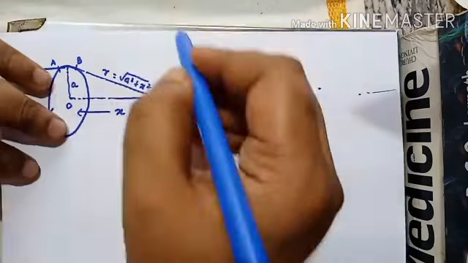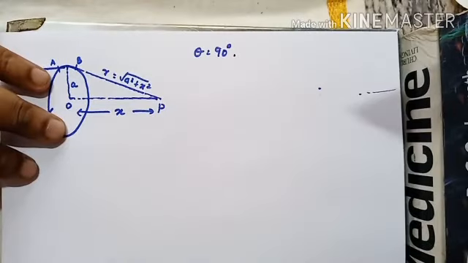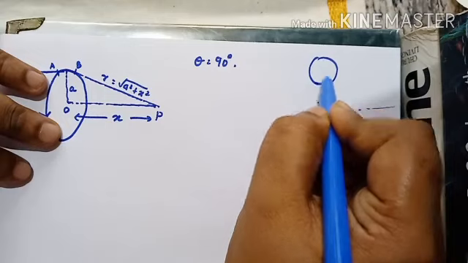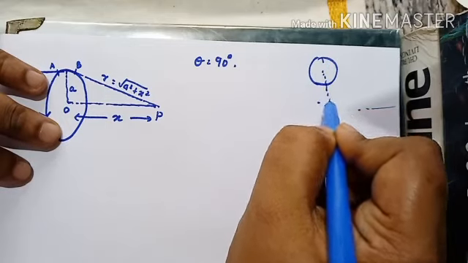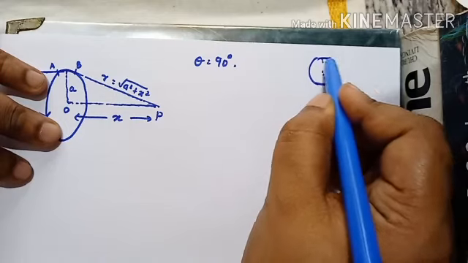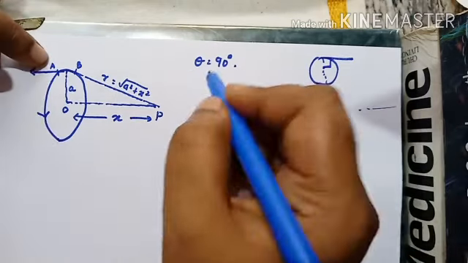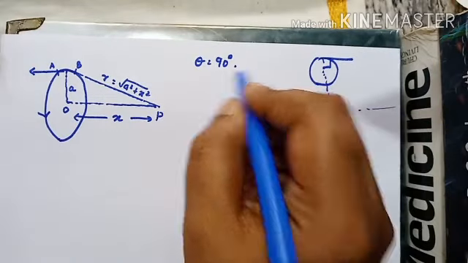So theta is equal to 90 degrees. See, if this is the front view, the point is from here, like this, whereas the tangential is like this, so the angle is 90 degrees. So you have theta is 90 degrees, so sine 90 degrees is 1.